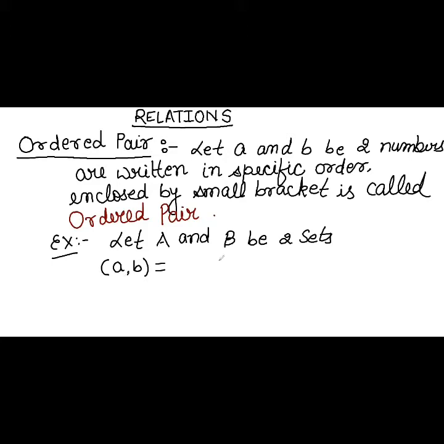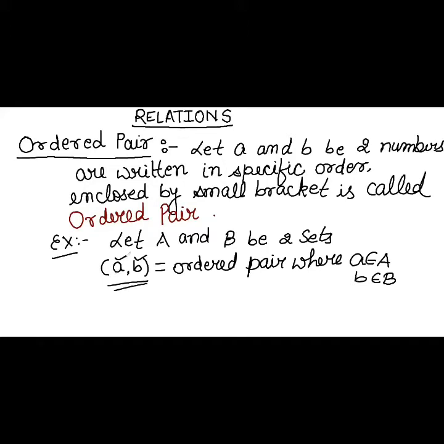Here this small a, the first element, belongs to the first set A, and this second element, in the second position, b, belongs to the second set B. So this is called an ordered pair.